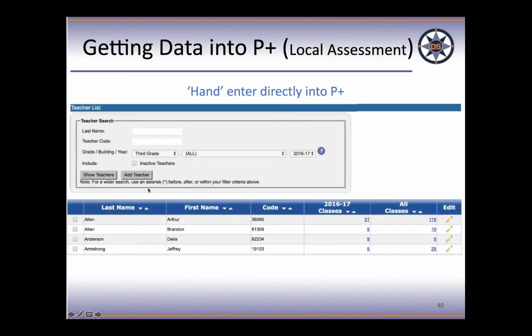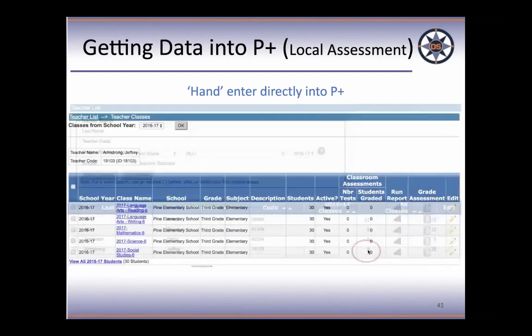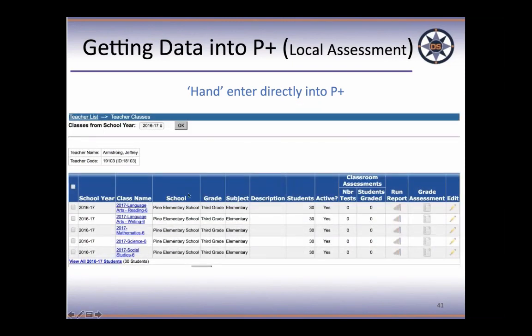So these are all my teachers for third grade for this year, which was a little while ago. And Arthur Allen is probably an art teacher, maybe with all those kids. Brandon Allen has 5 courses, maybe middle school teacher. So then you would click one of these, and it would show all of his or her classes.